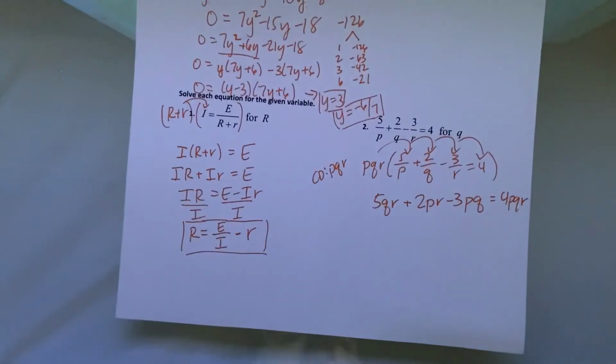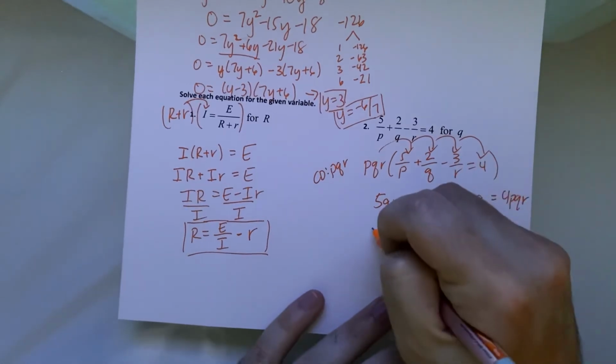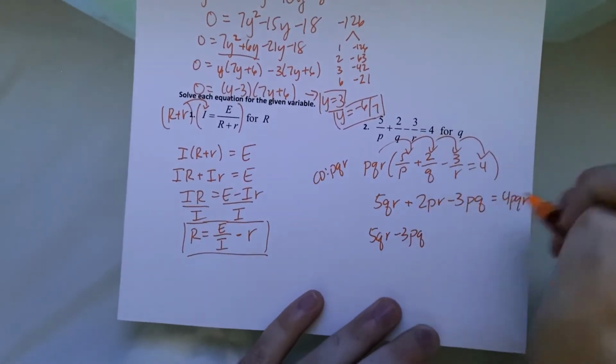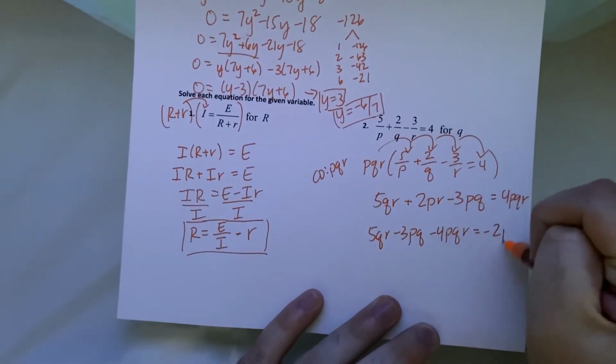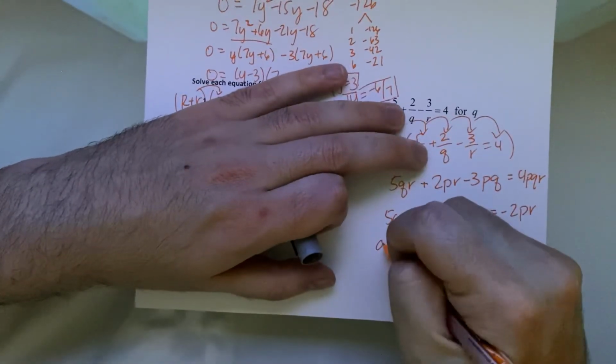Okay, to solve for q, I need everything with a q on one side and everything without a q on the other side. So the 2PR needs to go to the right, the 4PQR needs to come to the left. That's 5QR minus 3PQ minus 4PQR equals negative 2PR. From here, I need to factor the q out.